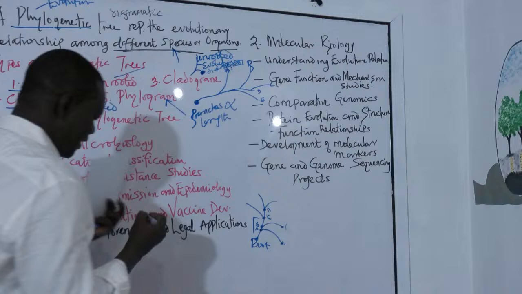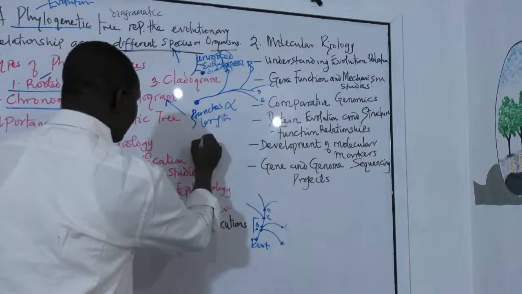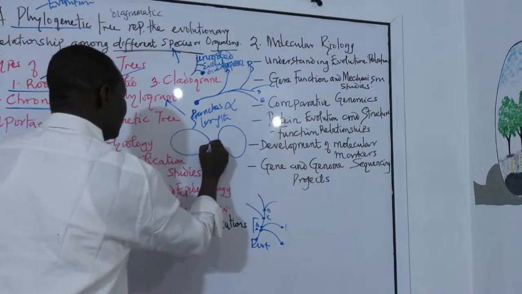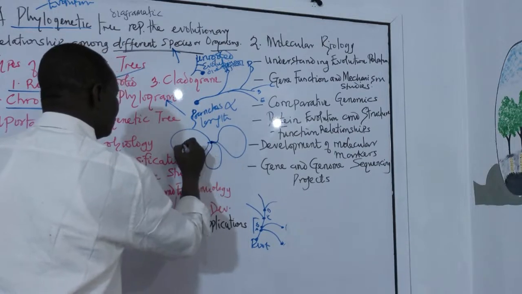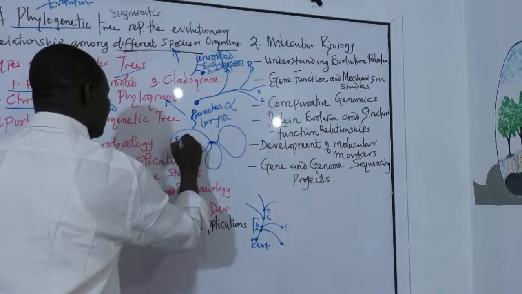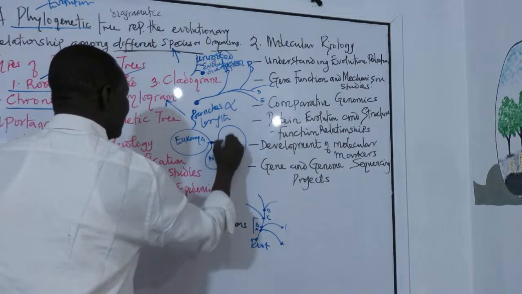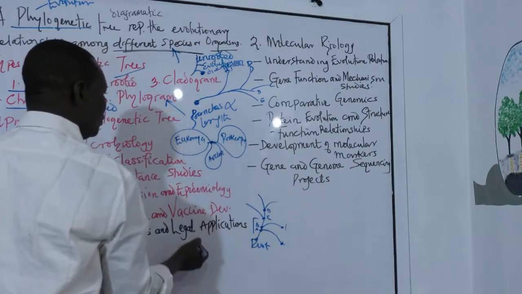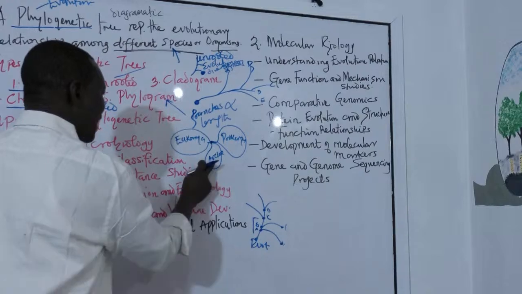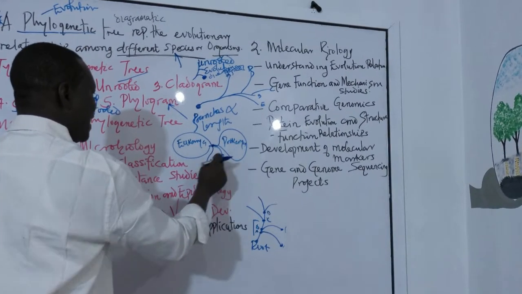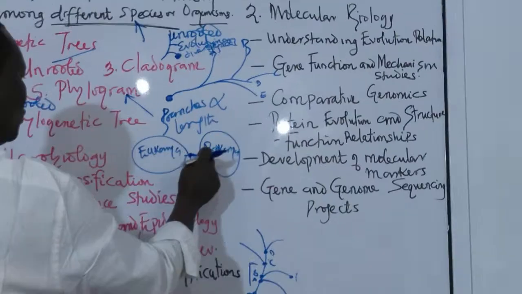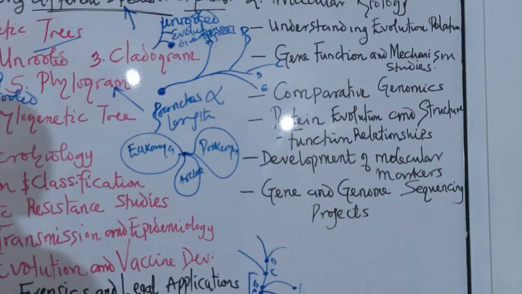And don't forget the three domains of life. The three domains of life look something like this. If this is eukaryote, this is archaea, and this is prokaryote, you will know that archaea and prokaryote are very similar when compared with archaea and eukaryote.